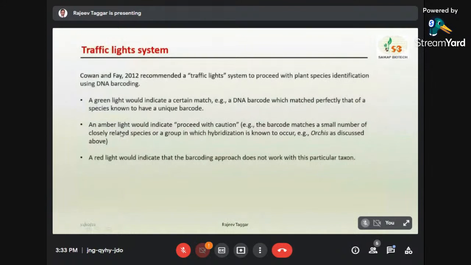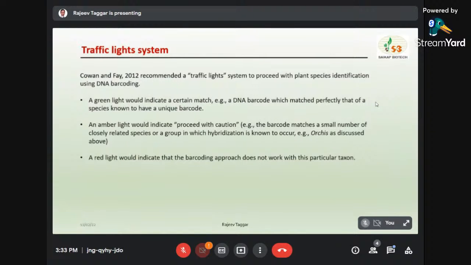So the species from the families, from the genera, where identifications are highly successful, and which are very amenable to DNA barcoding, they are given a green light. So if the plant we want to identify, and we know roughly where it falls, this is a bit tricky. I mean, we don't know something and we already are making guesses.